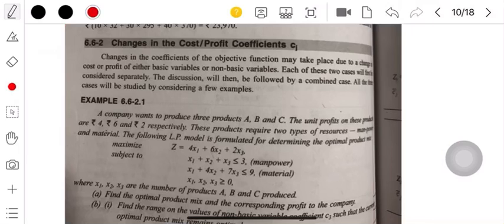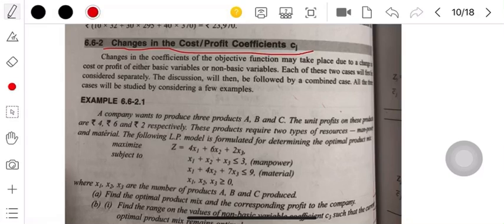Every problem has an objective function, so here we have to do the sensitivity analysis by changing the coefficient of the objective function, meaning the value of Cj needs to change. This can be cost or this can be profit.